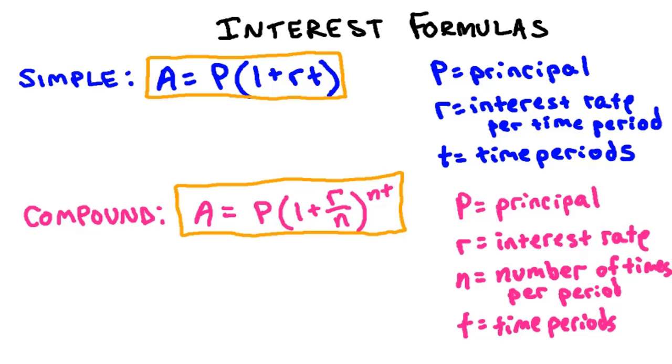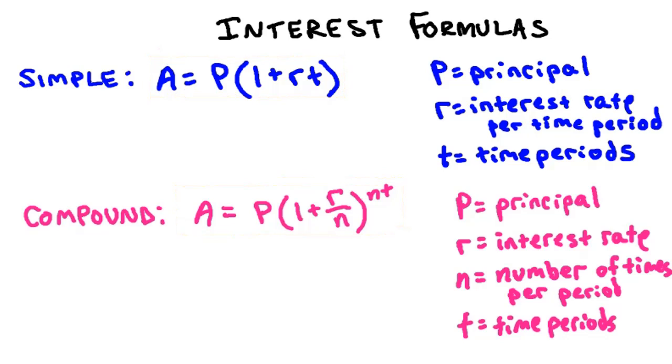Okay, so let's go ahead and look into simple and compound interest. For the simple interest formula, the answer is going to be A. The A is how much money you have total, with these factors in it: how much you put in the bank to begin with, and what the interest rate is per time period.